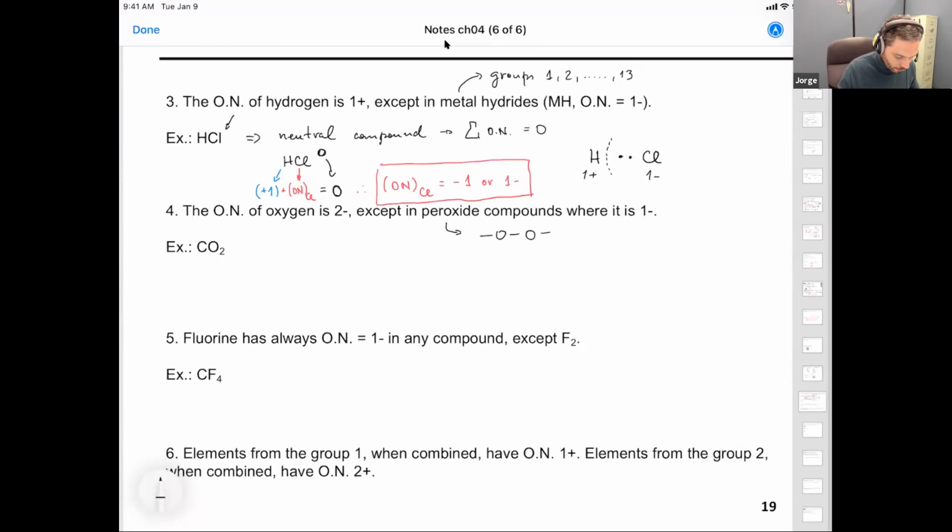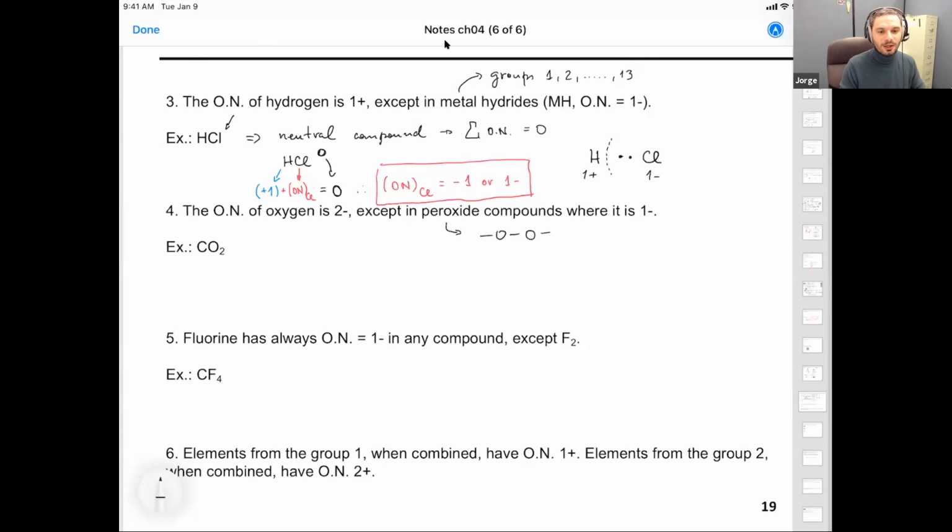So let me give you an example. We have here the compound CO2. We are always looking for the oxidation number of one of the elements in the compound. We know that oxygen usually has an oxidation number of 2 minus, and what we want to determine is the oxidation number for the carbon in this case.